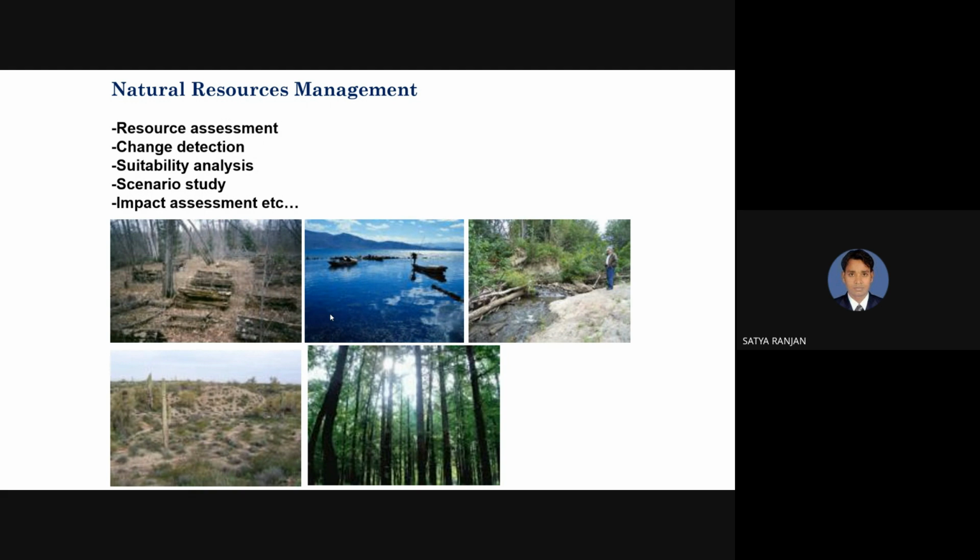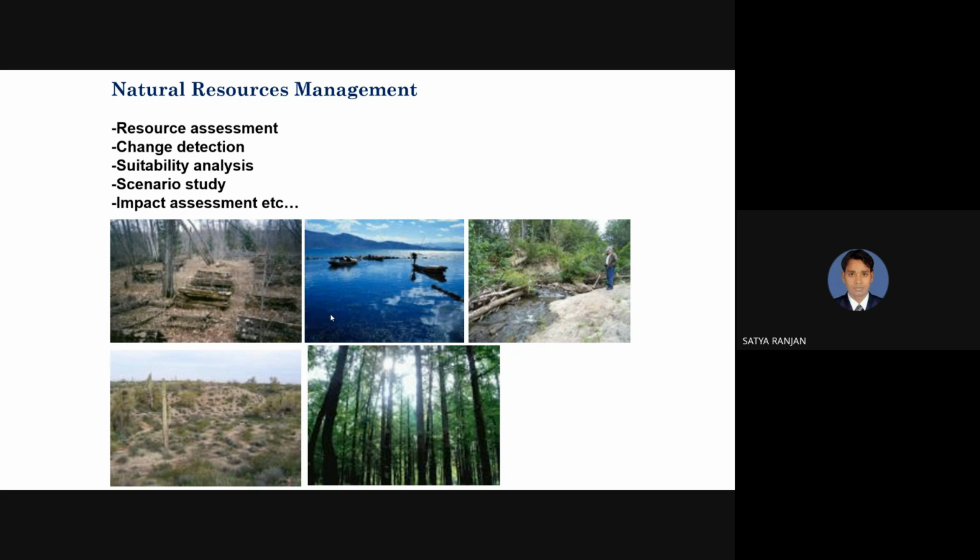Then water availability, like nearby rivers. So these are the nearby resources that are very useful for suitability analysis. So industrial analysis is, most of the time, done using remote sensing techniques. Then business analysis, and other factors are there.